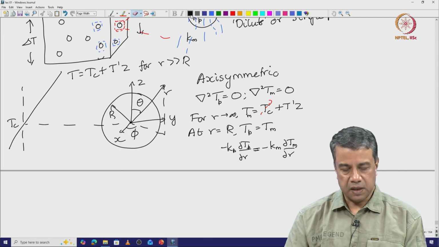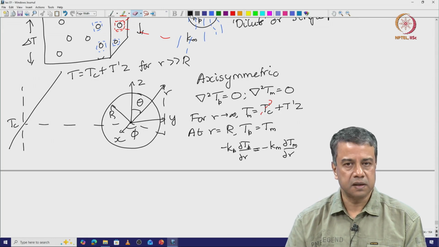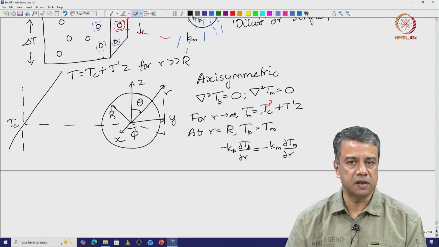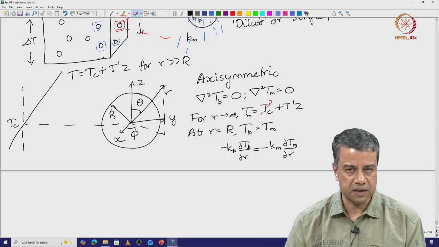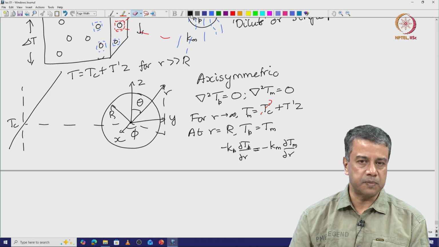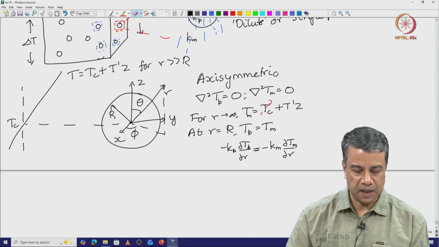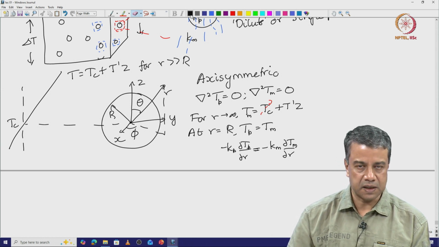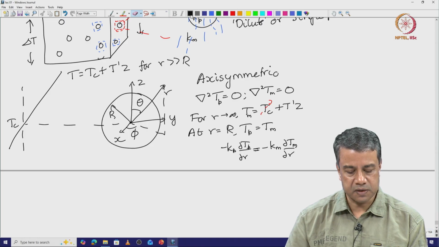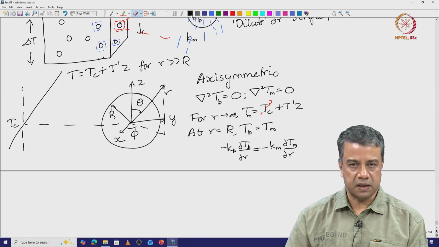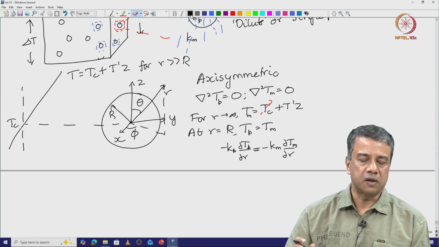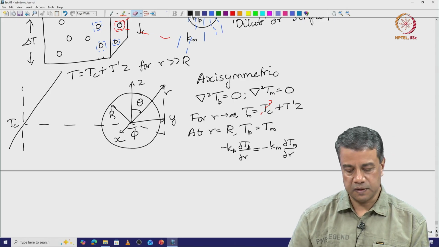Okay. And both of these are axisymmetric, that is, the temperature field does not depend upon the phi coordinate around the axis, which means there is a temperature disturbance only in the r and theta coordinates. There is no contribution to the Laplace equation from the phi coordinate.